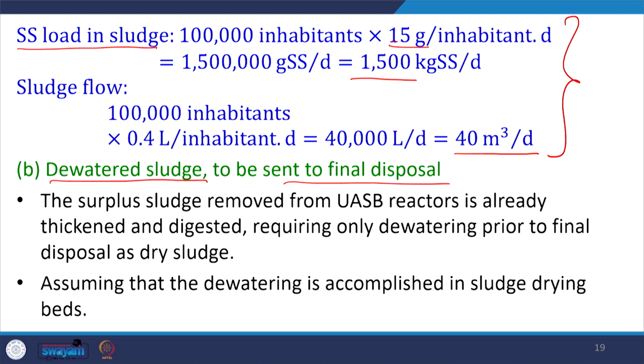So, assuming that the dewatering is accomplished in a sludge drying bed. We have to assume what type of dewatering process we are going to use. We can use different types of dewatering techniques as discussed earlier.